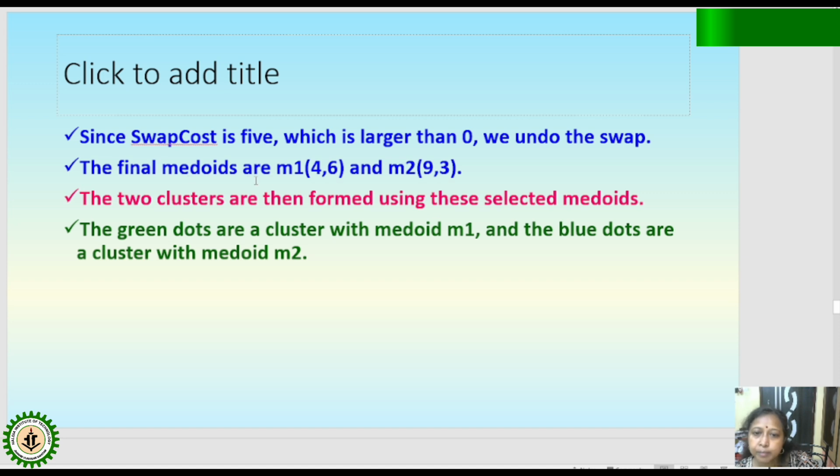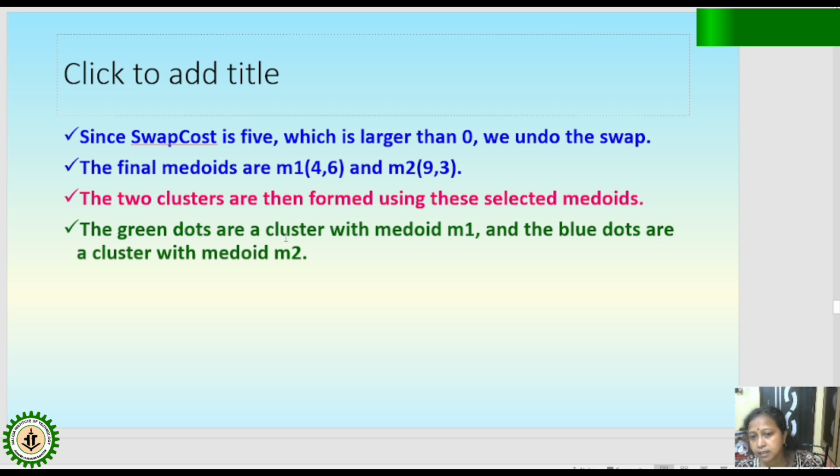So the final medoids are M1 equal to 4, 6 and M2 equal to 9, 3. We cannot take the data point 2, 5 as a medoid because if we take it as a medoid, the total cost will increase. The two clusters are then formed using this selected medoid.